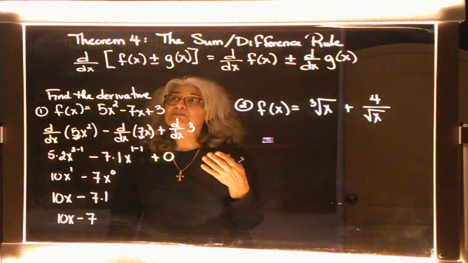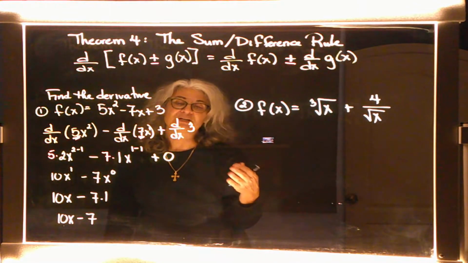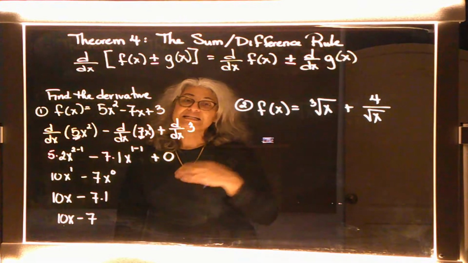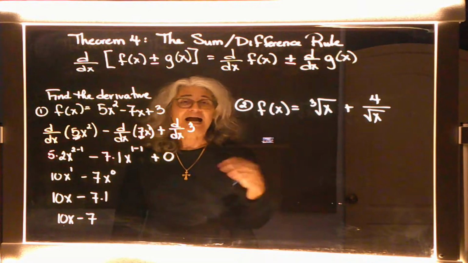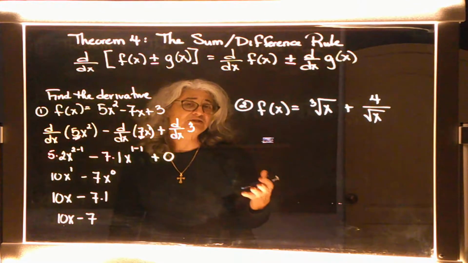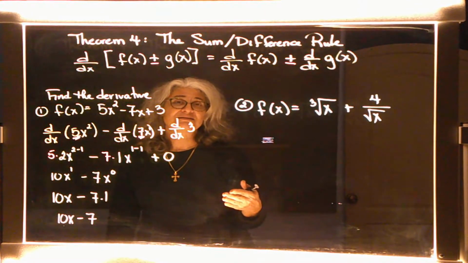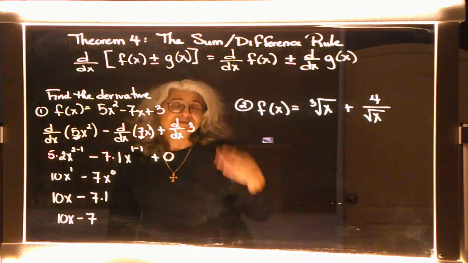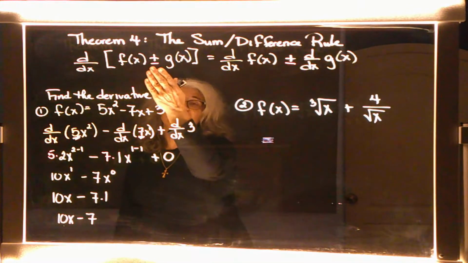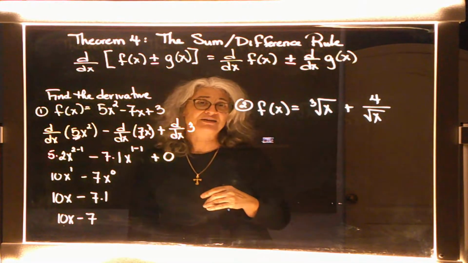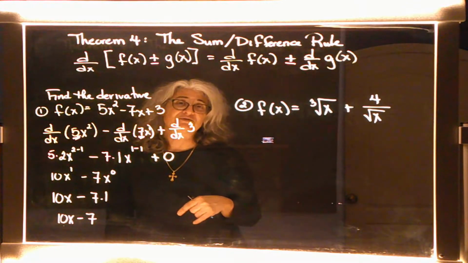If you notice, theorems 3 and 4 didn't really tell me how to take the derivative of a new function. Theorems 3 and 4 basically said, this is how you take the derivative if the functions are added or subtracted together, or if there's a constant in front.